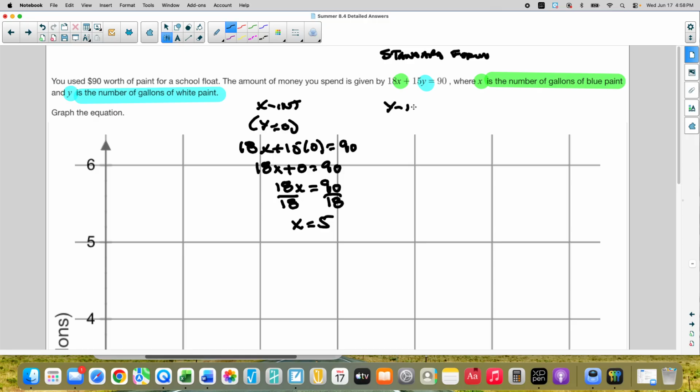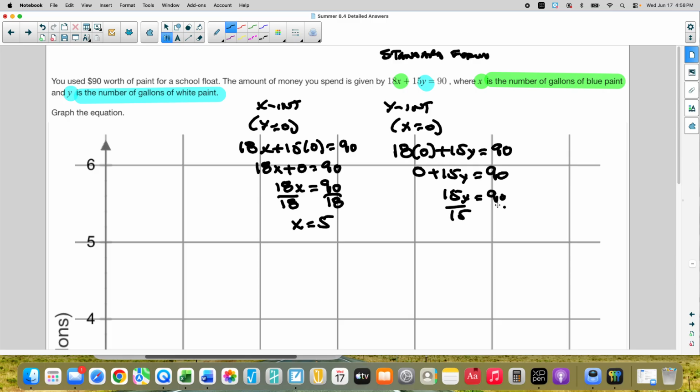When we find the y-intercept, we remember that x equals 0. So we use the equation again, 18, we're going to plug in 0 for x, plus 15y equals 90. So 0 plus 15y equals 90. 15y equals 90. Divide by 15.